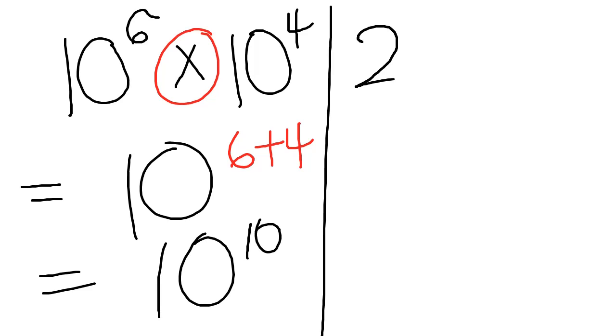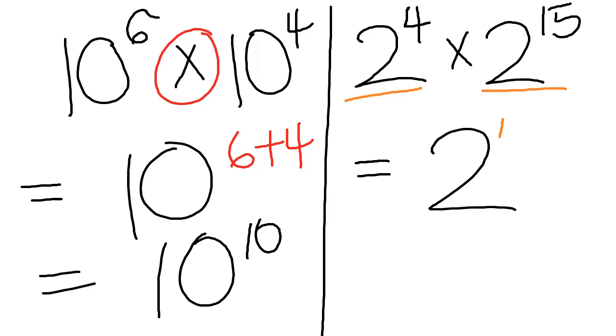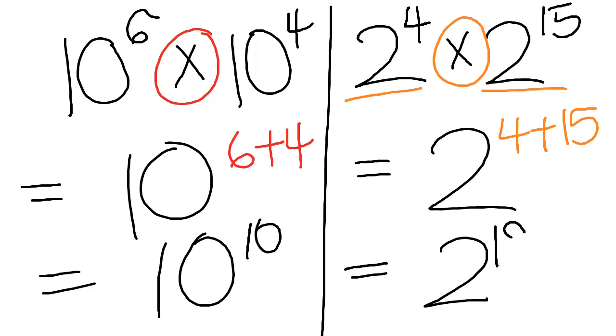For example, we have 2 exponent 4 multiplied by 2 exponent 15. Our final answer will have 2 as a base because our bases are the same, and our exponents will be added. So 4 plus 15 because there's a multiplication sign in the middle. So our final answer would be 2 exponent 19.